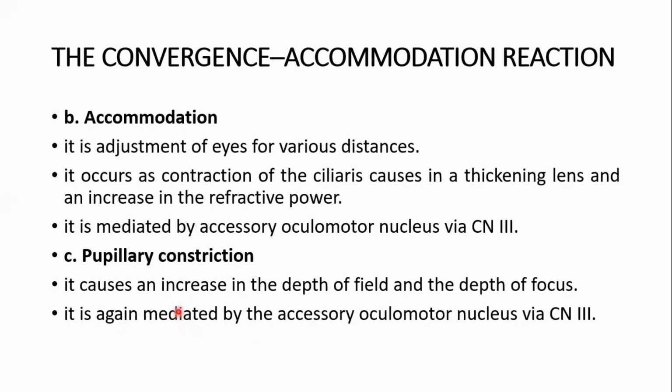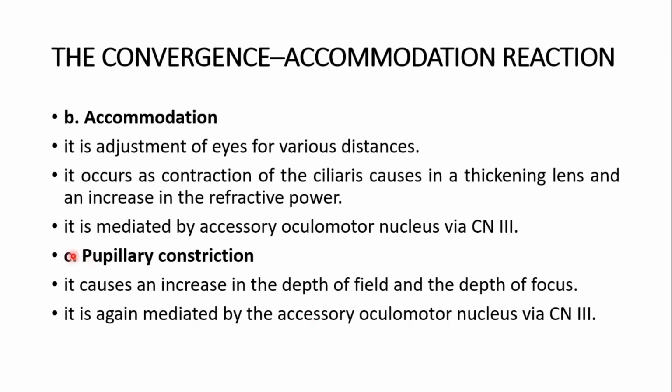And its second part, after convergence, is the accommodation. It is adjustment of the eye for various distances. It occurs as contraction of the ciliaris causes a thickening of the lens and an increase in the refractive power. It is mediated by the accessory oculomotor nucleus via cranial nerve 3, the oculomotor nerve.